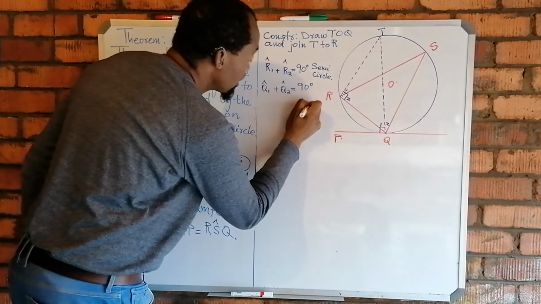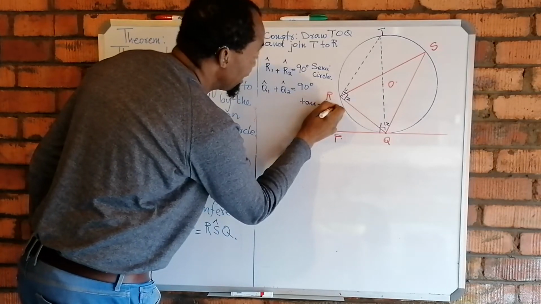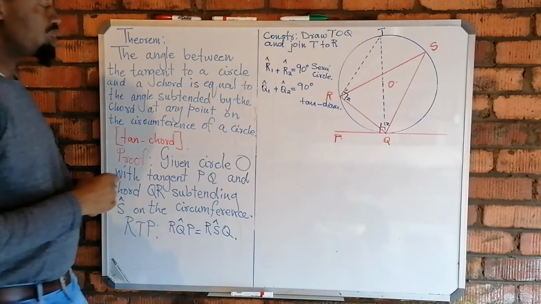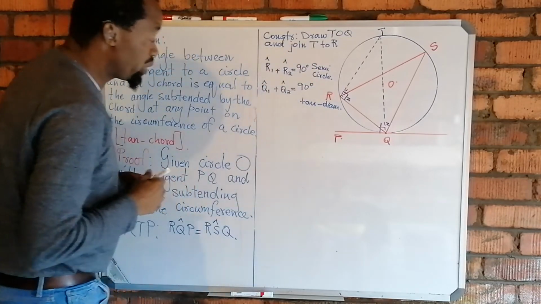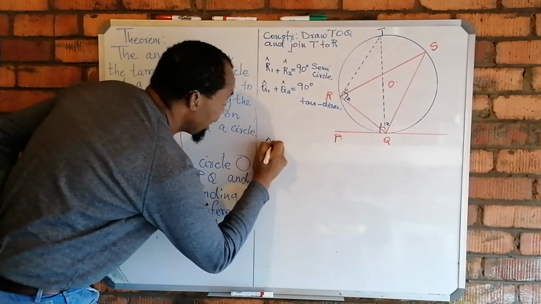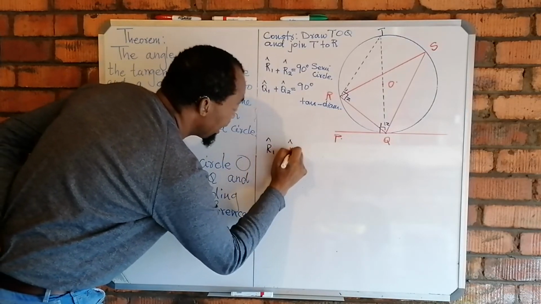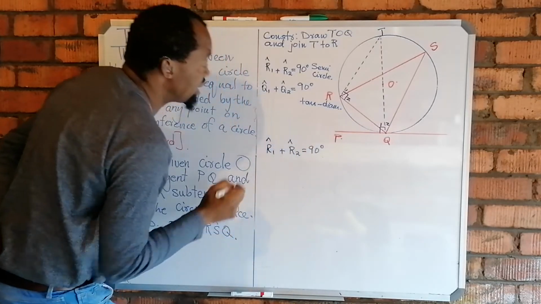It is because I have got a tangent diameter. Okay, folks, now I can move this to here so that we don't cramp the space. Let's write them again. Angle R1 plus angle R2 is equal to 90 degrees.